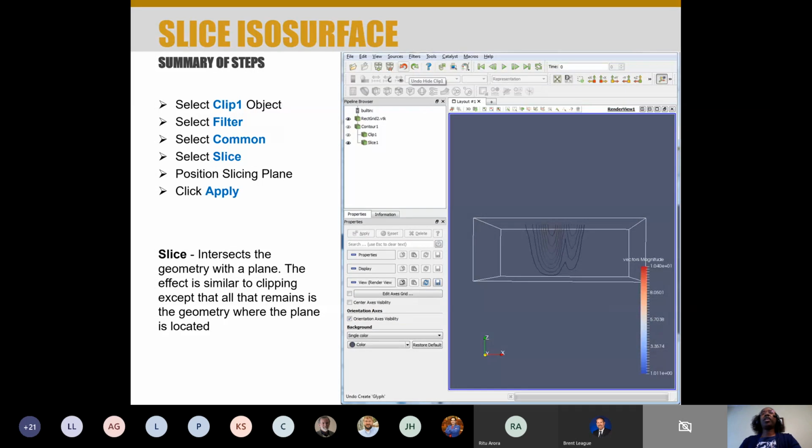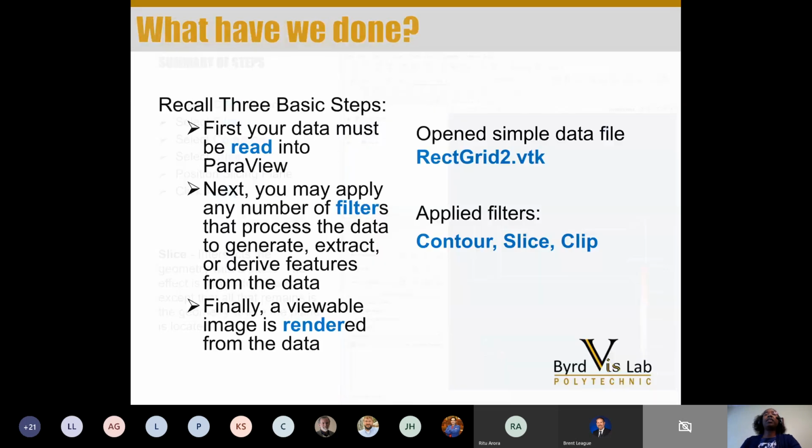So what have we done? We've read our file into ParaView. We've created a contour, we've created a clip, we've created a slice of the data. And again, it gets back to our 3 basic steps. First, you want to read in the data, you want to filter the data, and then you want to render the data.